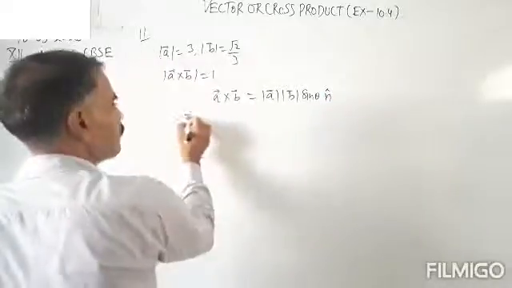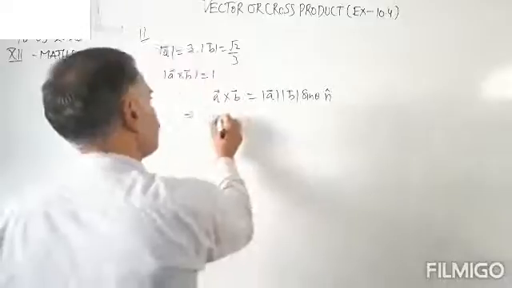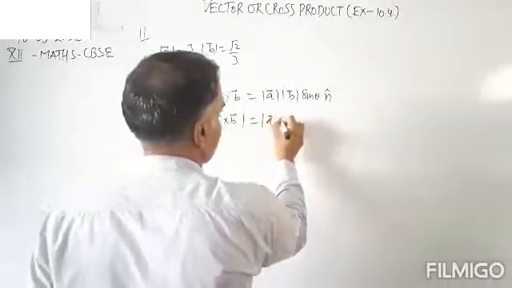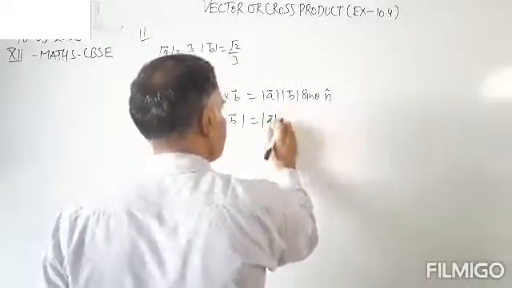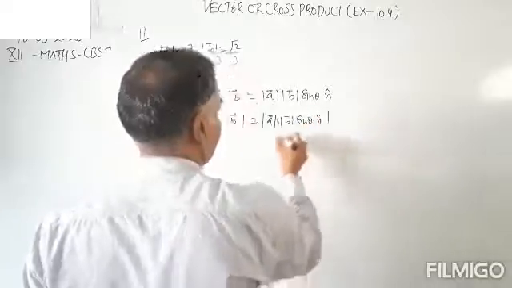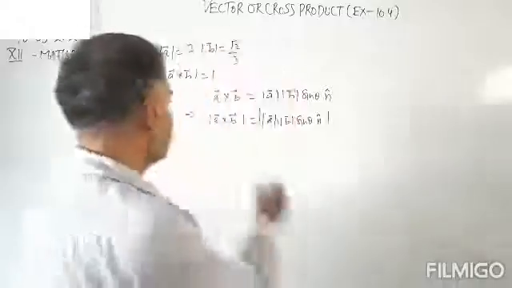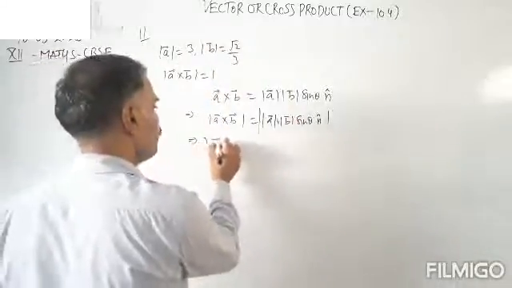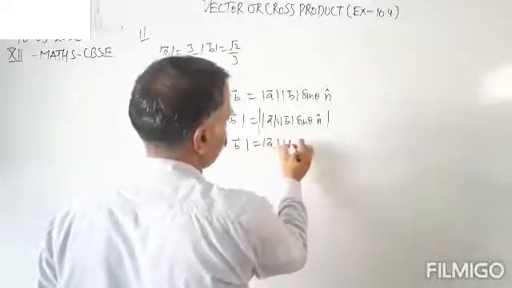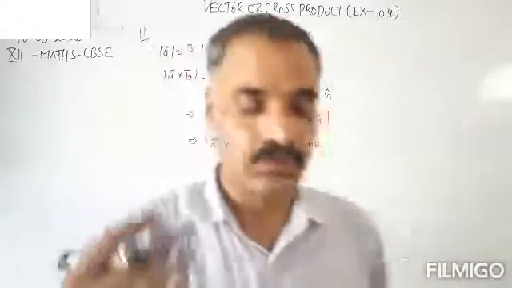Now taking the magnitude of the whole equation, magnitude of A vector cross B vector equals magnitude of A vector, magnitude of B vector, sin theta, and the magnitude of n cap is equal to 1.